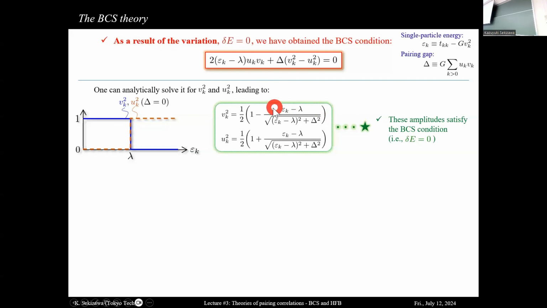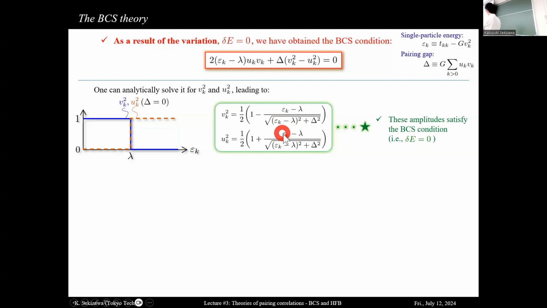So lambda was introduced as a Lagrange multiplier, but lambda carries the meaning of chemical potential. And depending on the energy, this epsilon is a single particle energy.